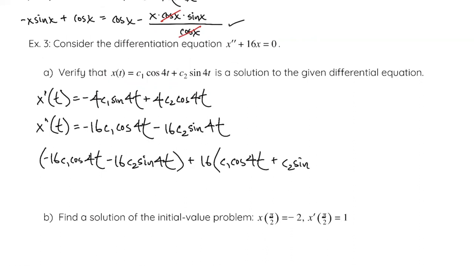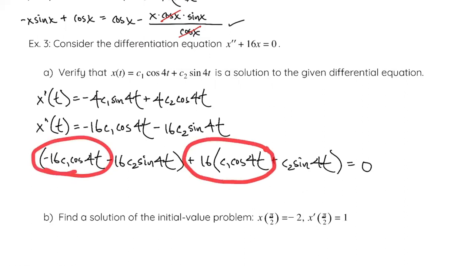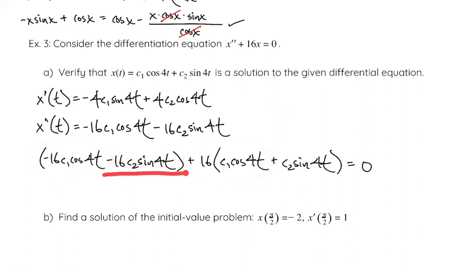One terminology that you'll hear quite a bit is, by inspection, this is true. As highbrow as that sounds, we can tell that this negative 16 C1 cosine 4t is going to cancel with that one. That'll go to 0. And similarly, this negative one will reduce with that positive one. And so we'll get 0 equals 0.